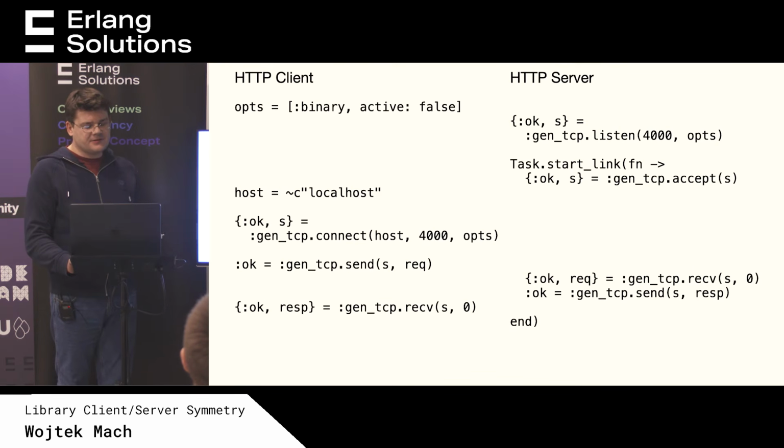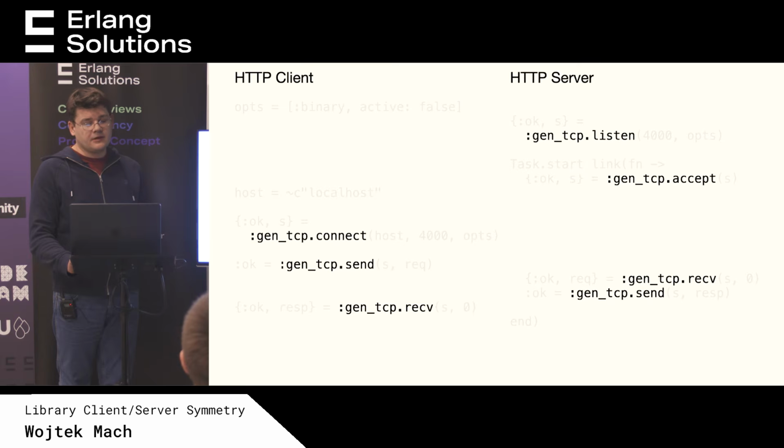There is no magic, it's just using the network stack, and it's pretty easy to use. In any case, we used GenTCP for client and for server, and I would call that definitely a symmetrical API. We have a single abstraction that we can use to send and receive data.